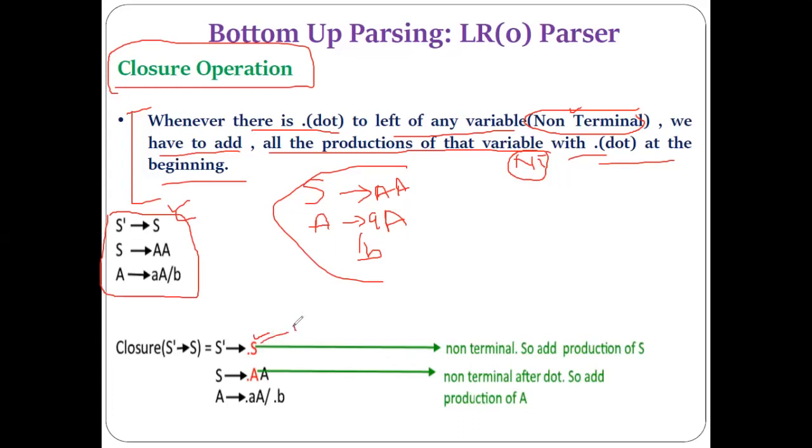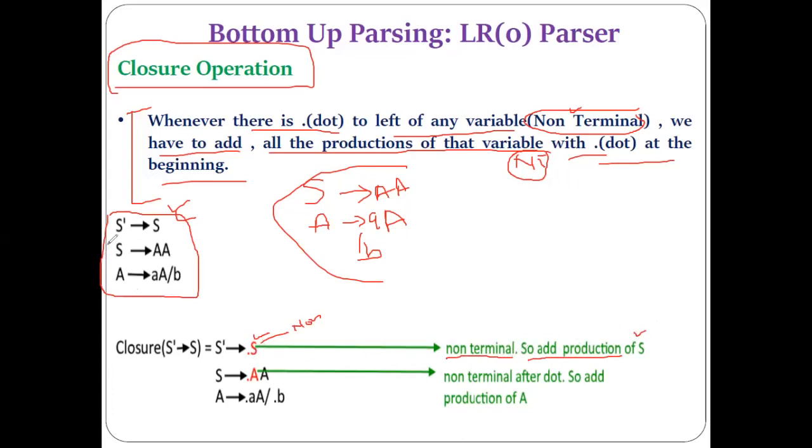S is a non-terminal. What is the closure operation saying? When there is a dot to the left of any non-terminal, we have to add all the productions of that non-terminal with the dot at the beginning.